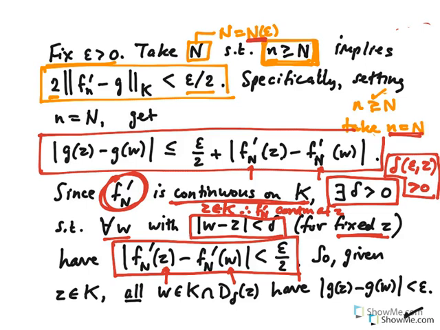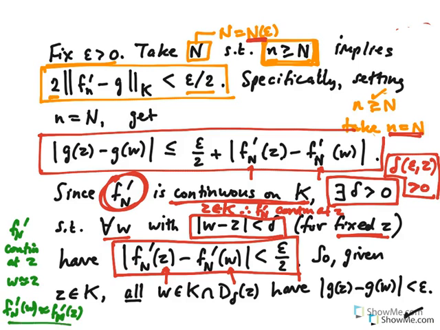Okay, let me say that one more time. It's a little confusing. But basically, we know that this specific function is continuous at z. What that means is that if I take w very close to z, then the value of this function at w will be very close to its value at z.